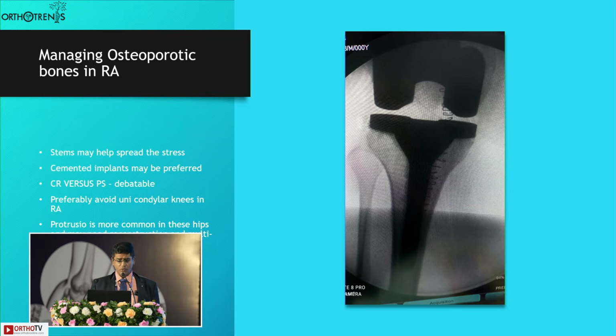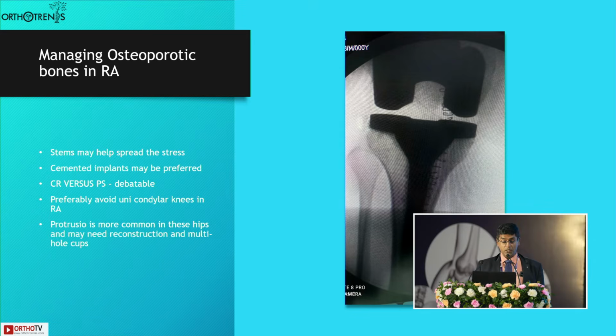And managing osteoporosis will obviously mean at least keeping stems ready and not hesitating to use them when you're worried about bone being too soft operatively. Now, these are perhaps knees where you would like to stick to cemented implants because uncemented implants may have an issue. Now, CR versus PS, the logic of the argument has been that if you're using CR, the PCL attached can come off, leading to late onset instability.